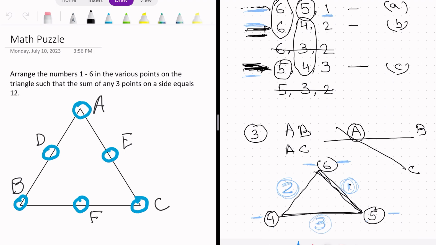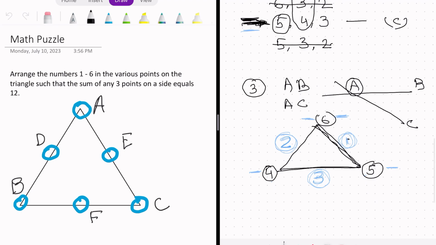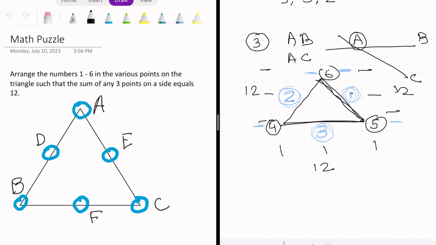Right? Now let's do a quick cross check and see what the numbers add up to. These 3 numbers add up to 12. These 3 numbers add up to 12. And these 3 numbers also add up to 12. So there you go. We have A, which is 6.